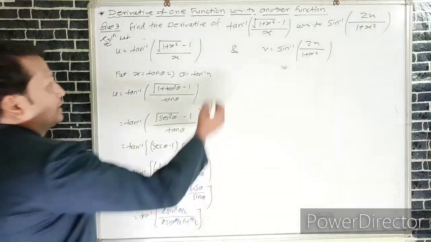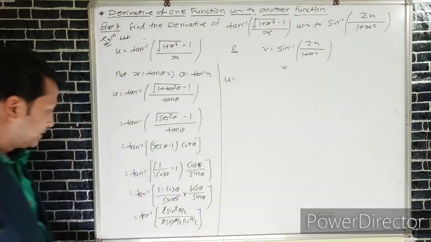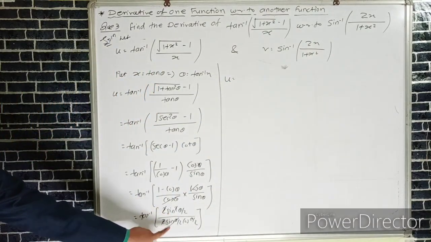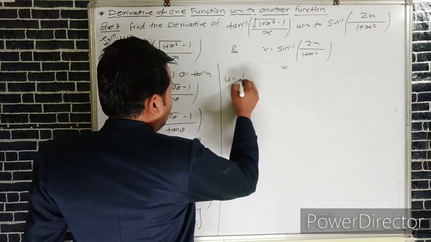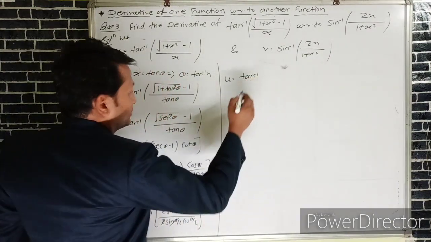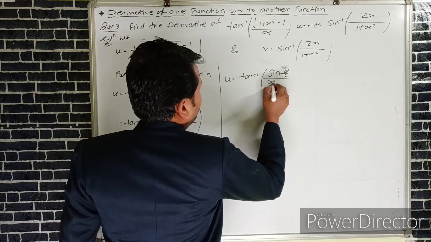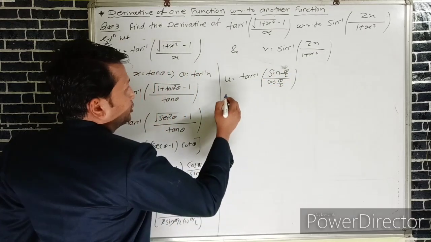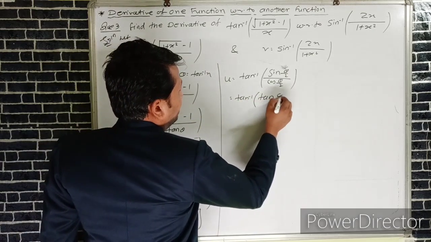So u is equal to tan inverse of sin of theta by 2 upon cos of theta by 2. U is equal to tan inverse of tan of theta by 2.